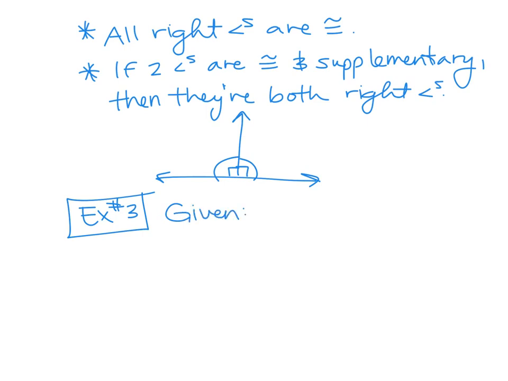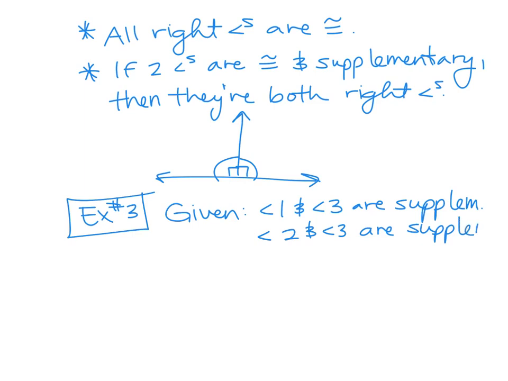And we got to move fairly quickly here. So given that angle 1 and angle 3 are supplementary, and angle 2 and angle 3 are supplementary, we're going to prove angle 1 is congruent to angle 2.